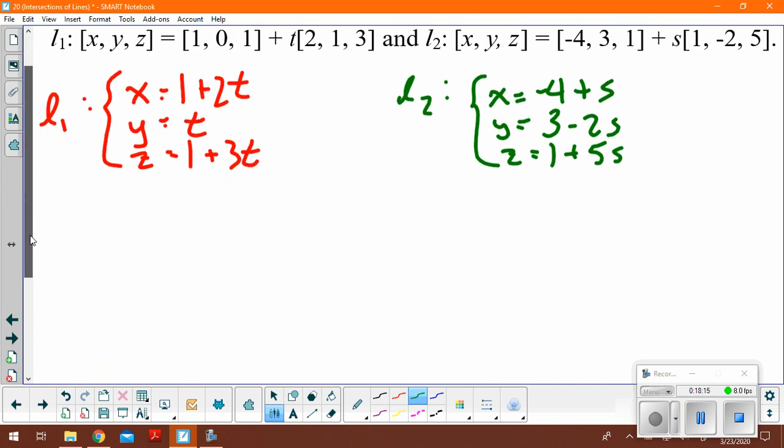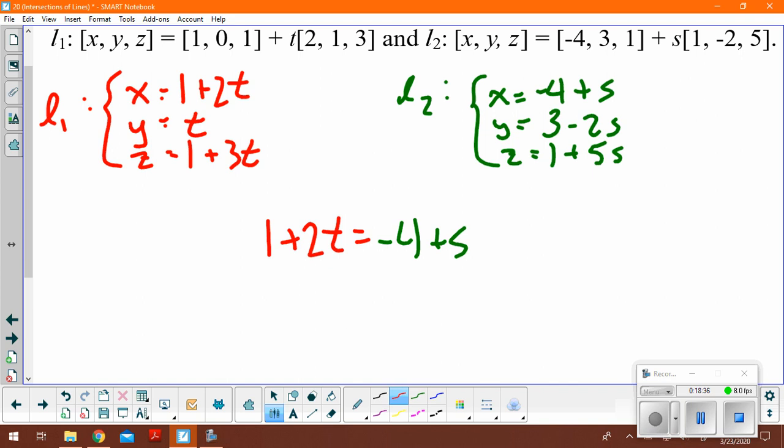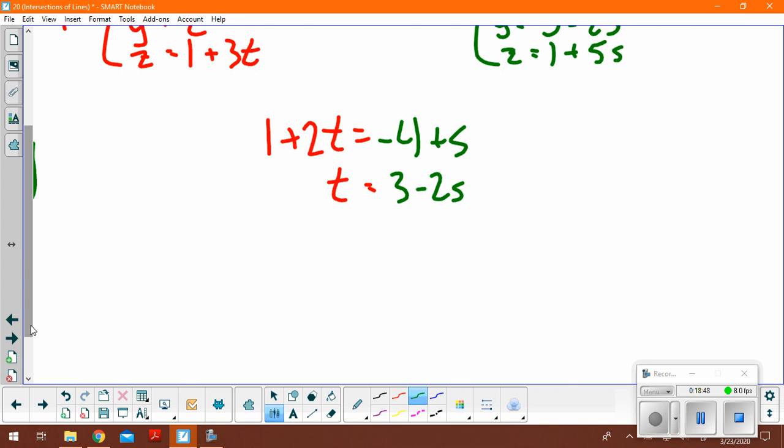Now this is a little bit weird because I've got 3 equations and not 2, but we'll set it out the same way. So maybe I'll equate my first 2. My x parameters give me that 1 plus 2t is equal to -4 plus s. And I definitely want to use my y parameter because that's just t is equal to 3 minus 2s. I'm going to solve these equations for t and s and see what happens.